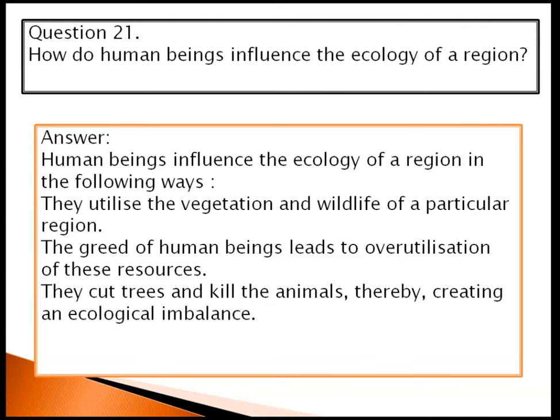Second, the greed of human beings leads to the overutilization of these resources. Last, cutting the trees, killing the animals, and thereby creating an ecological imbalance. So all these activities are human activities driven by human need and human greed. We are overutilizing the resources and harming the natural vegetation and wildlife, and that's creating an ecological imbalance.